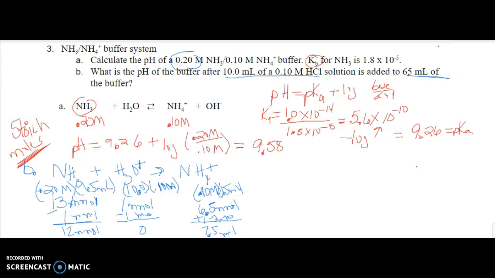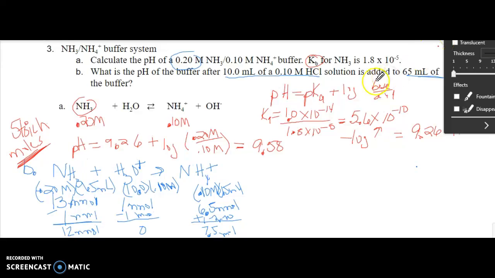And equilibrium is molarity. So now I'm back to looking at it from an equilibrium perspective.